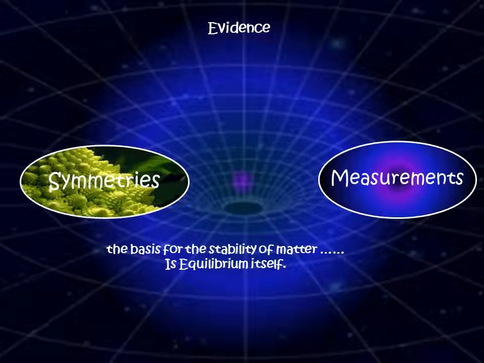We're going to be looking at evidence, symmetry, and measurements, and we're going to find that equilibrium is the basis for the stability of matter. There is an equilibrium taking place, an exchange between two domains, and we're going to be looking at that in particular.